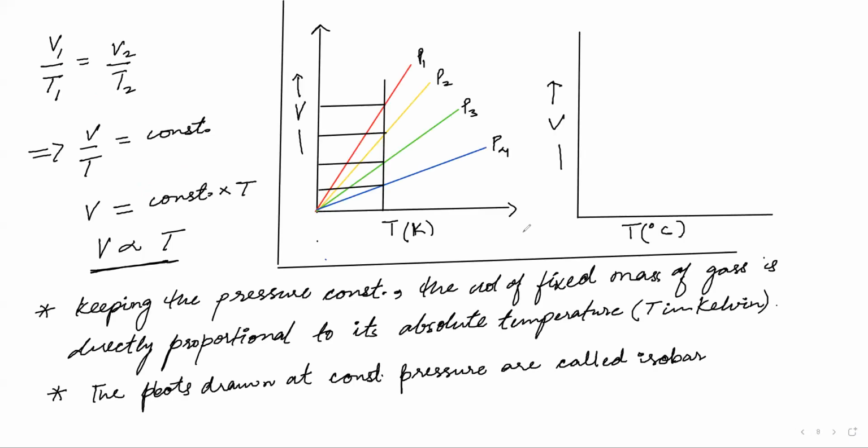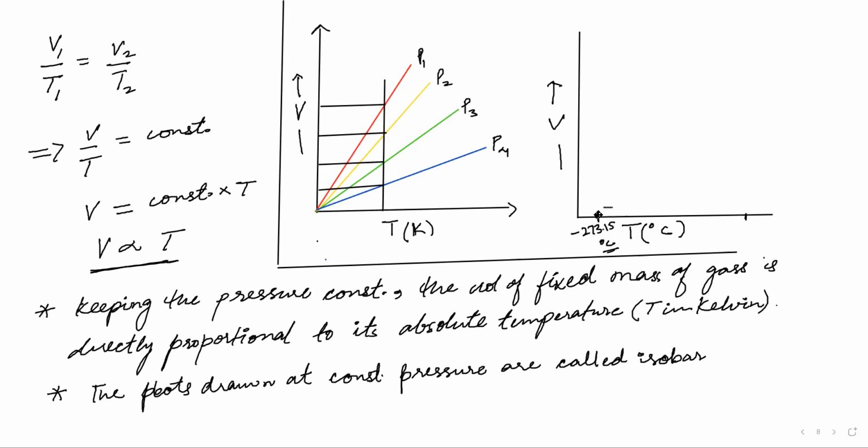And what if it is something around 0 degrees Celsius? If you have 0 degrees Celsius, it will be somewhere here, and I can write minus 273.15 degrees Celsius here, and this minus 273.15 degrees Celsius will correspond to 0 Kelvin. So we will have a line like this.